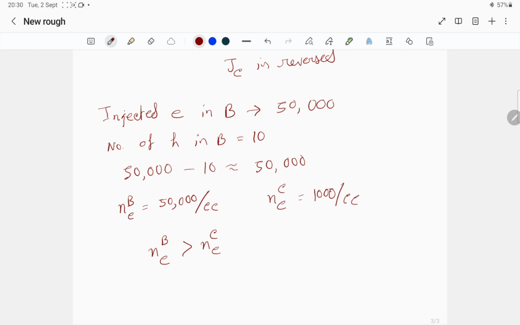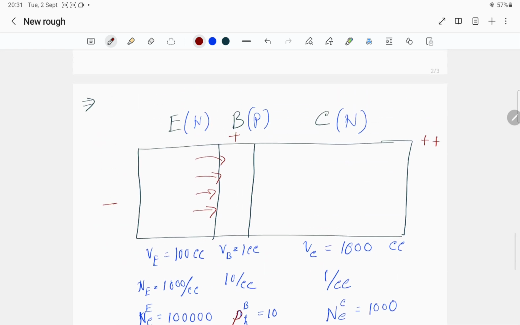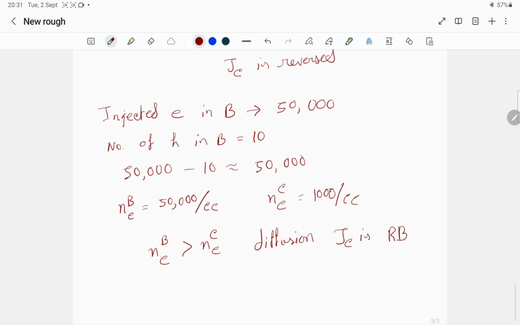And we know that if there is a change in concentration, there is a chance of diffusion, right? Moreover, JC is reverse biased. And if you look at the field, normally for the reverse bias case it is from N to P, right, which is in favor of the electrons.